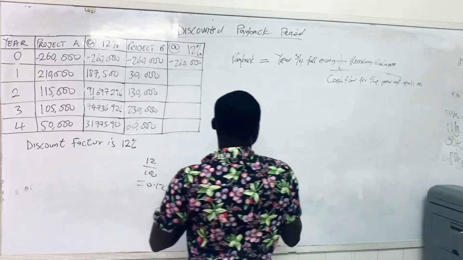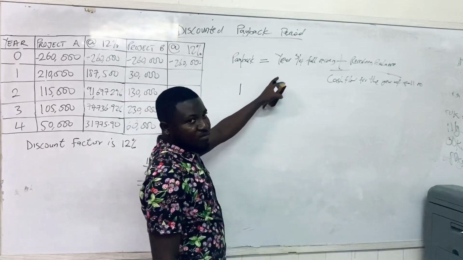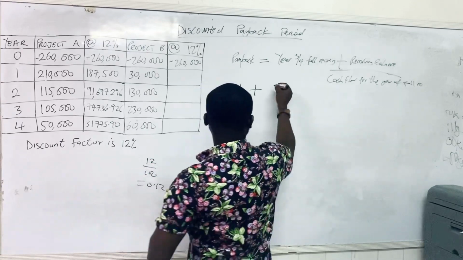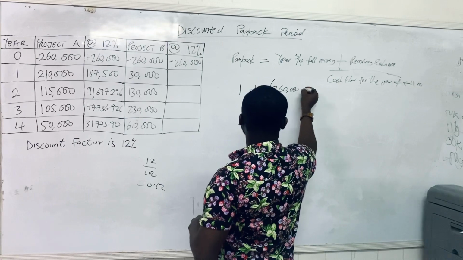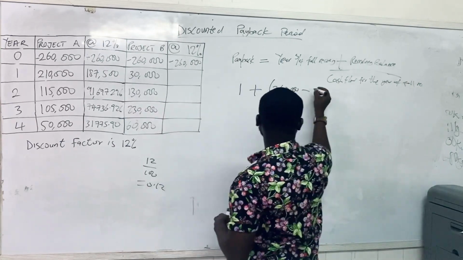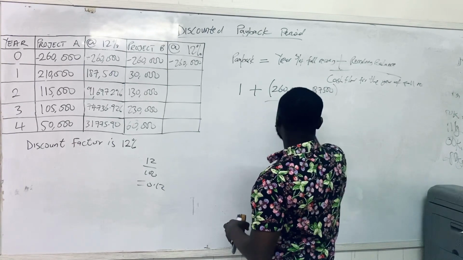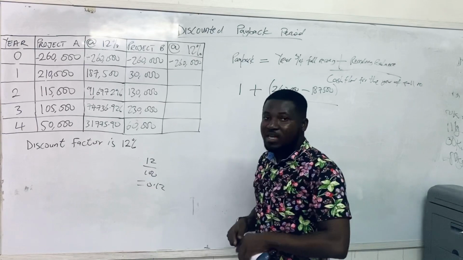So the first year becomes our year before full recovery plus the remaining balance. The remaining balance we state as 260,000 minus the first year's value, which is 187,500, all on the cash flow for the year of full recovery.